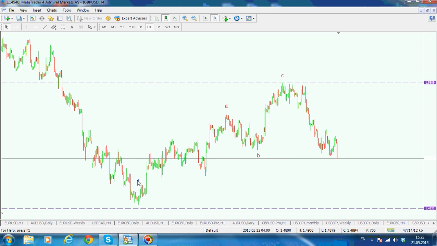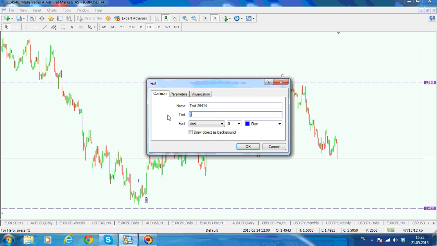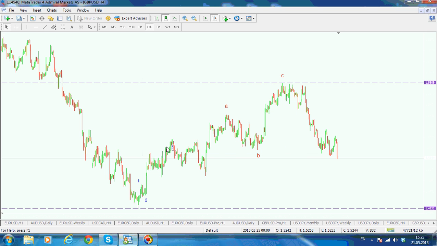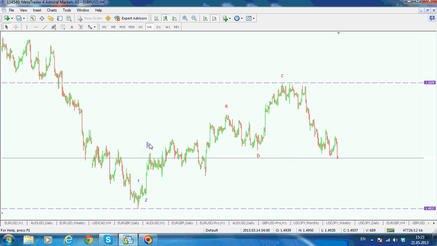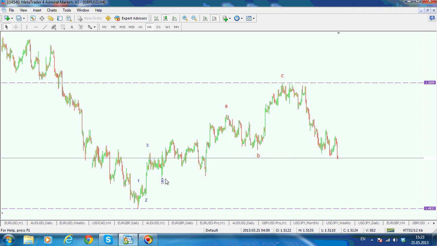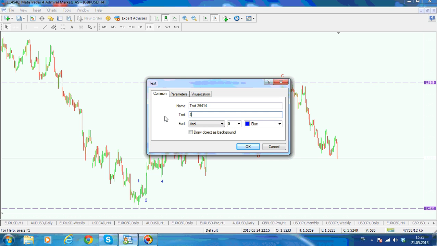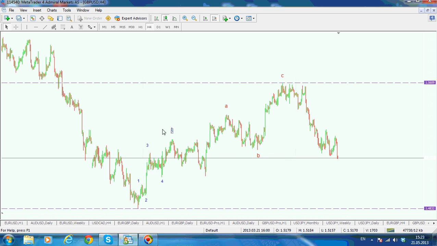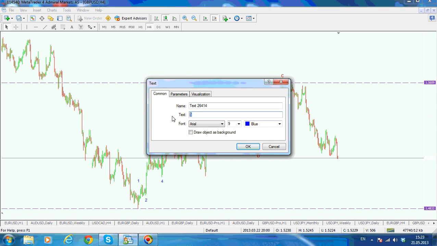So 1, 2, 3, 4, and 5. So 1, 2, 3, 4, 5, and these 5 waves to the upside actually make only wave 1 of a higher degree, so 1, and let's make it 10 and black.